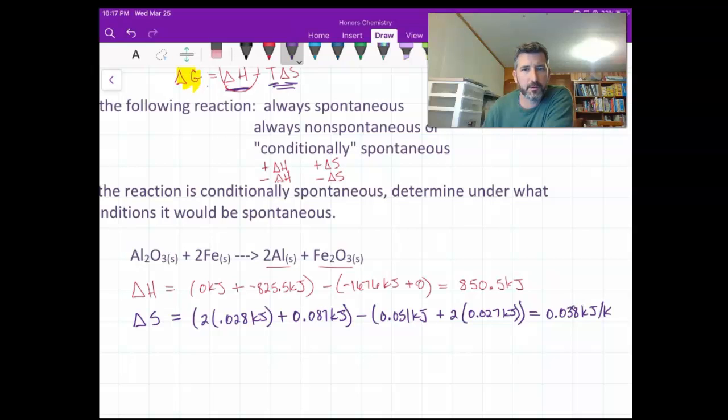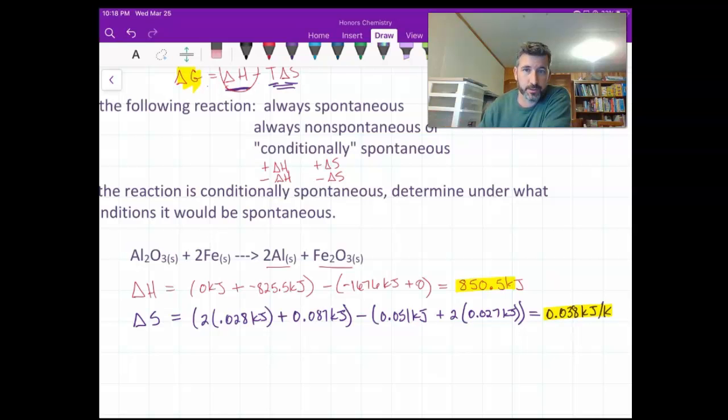And then the question is: is it always spontaneous, always non-spontaneous, or conditionally spontaneous? Well, if both of them are positive, you can't tell whether it's going to be spontaneous or not. We said earlier that if delta H is negative and delta S is positive, it is definitely spontaneous at all temperatures.